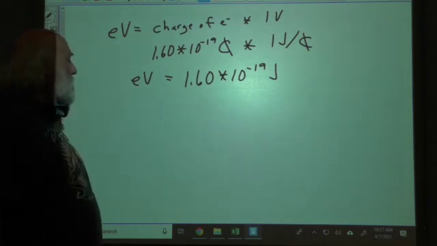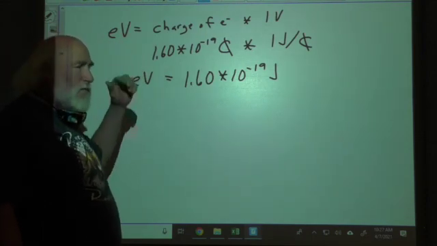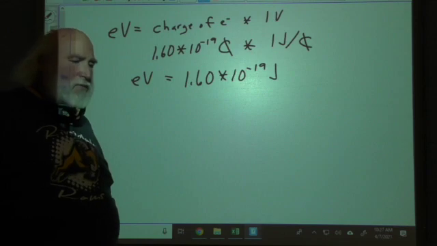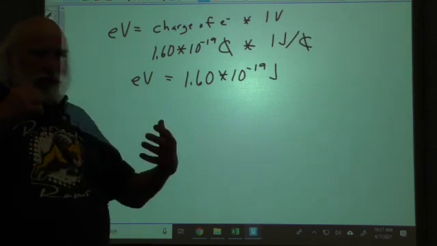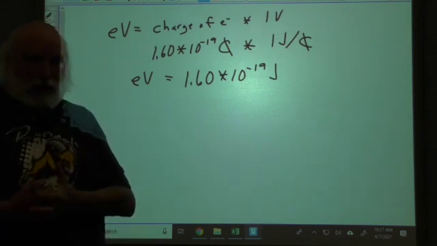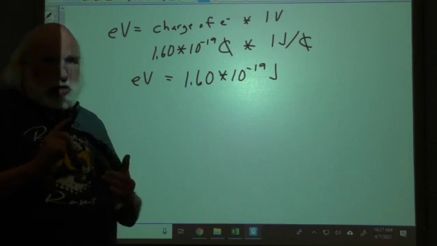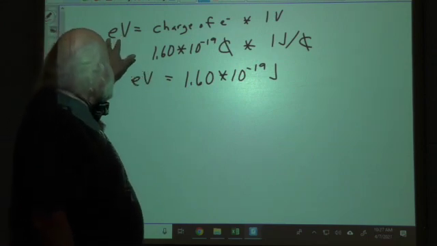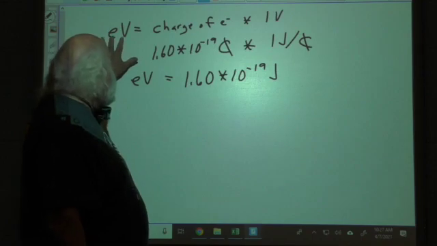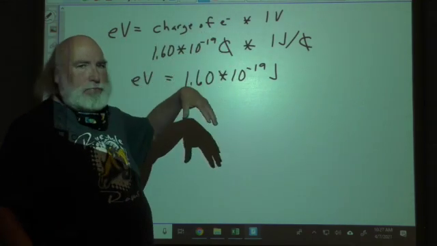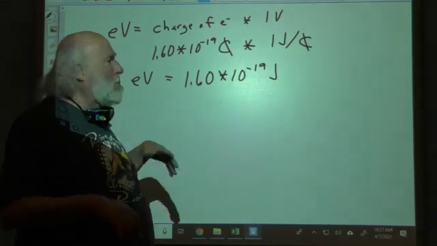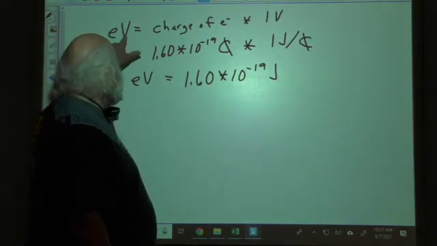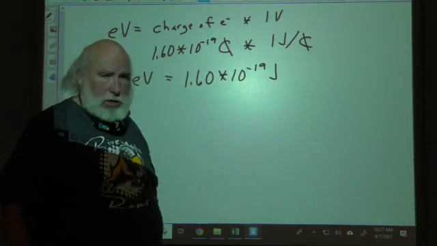And so scientists went to something called an electron volt. An electron volt is simply a value of work or energy. It could be kinetic energy, it could be potential energy. But the definition, as you see from eV, is e, the charge of an electron, and they use electron volt, it could be proton as well, times 1 volt.